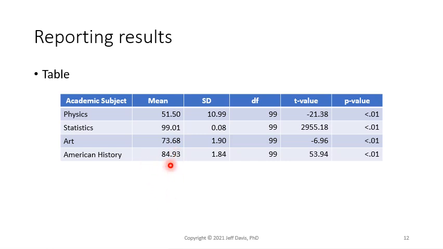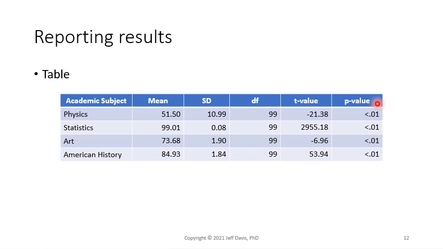Same thing here with American history. The mean is 84.93, the standard deviation is 1.84, and degrees of freedom is 99. The t-value is 53.94, and again, that means that this mean of 84.93 falls 53.94 standard errors above the mean that would be expected in a null distribution. And once again, we can reject the null.